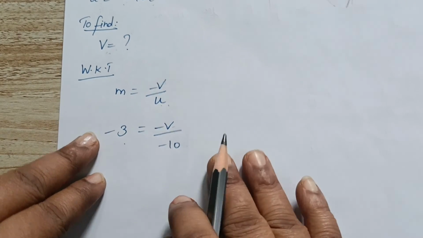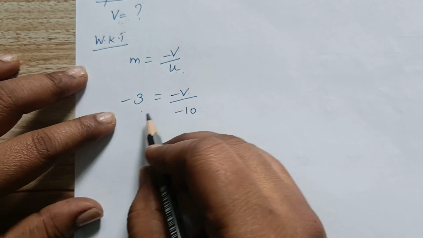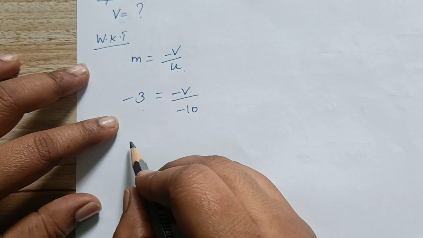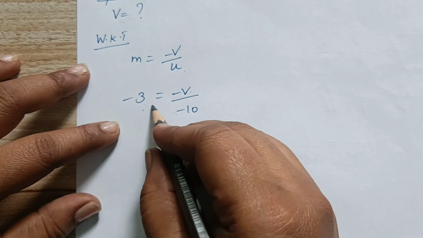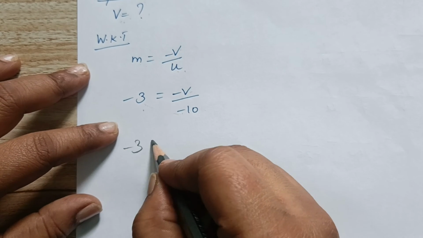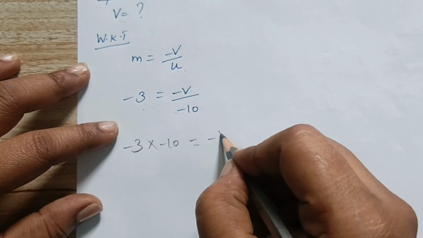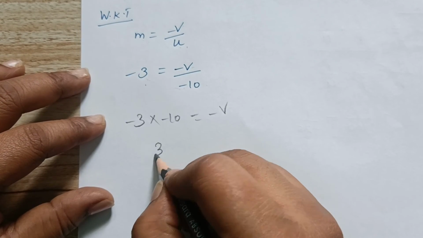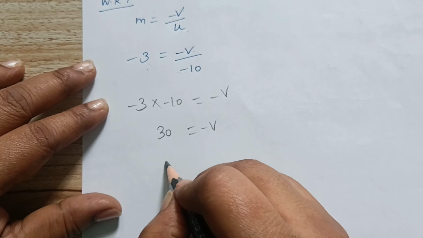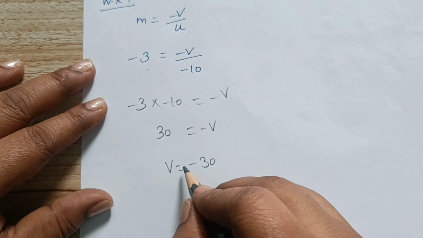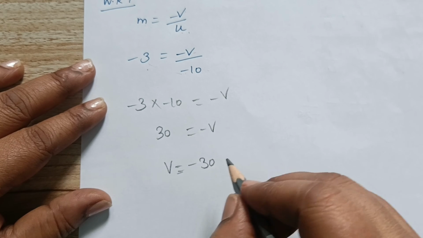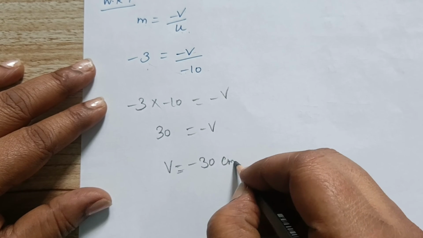Substitute: division moves to the other side as multiplication. Minus 3 into minus 10 equals minus v. Therefore 30 equals minus v, so v equals minus 30 centimeter.